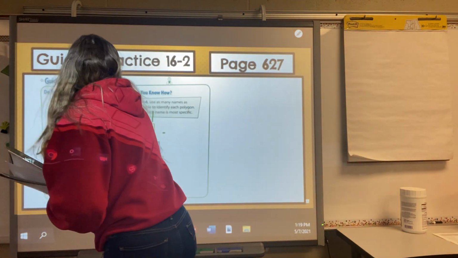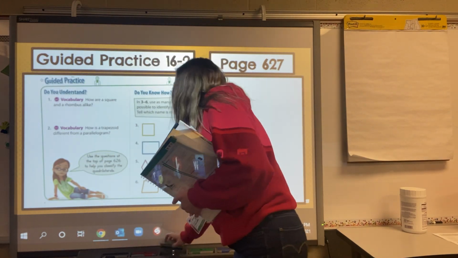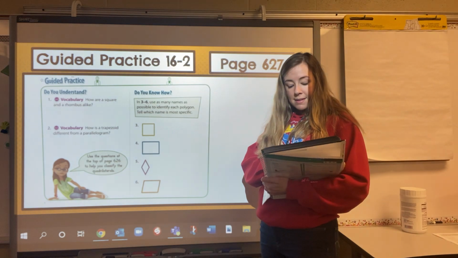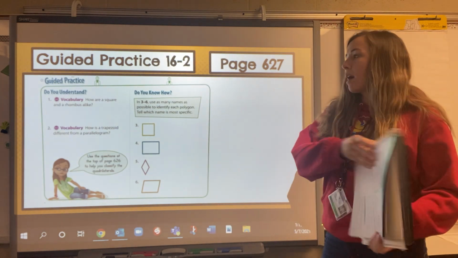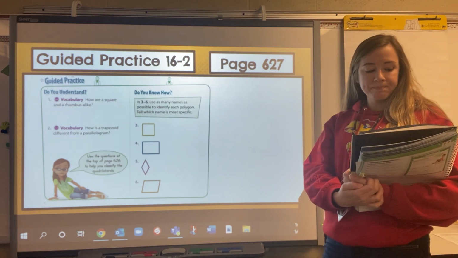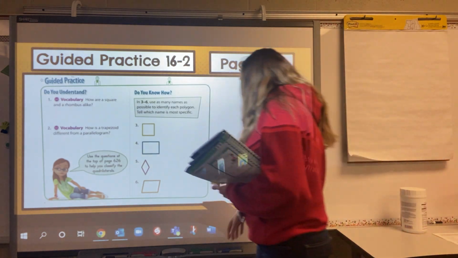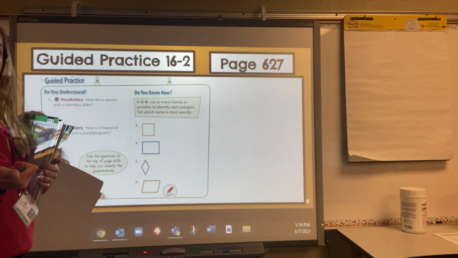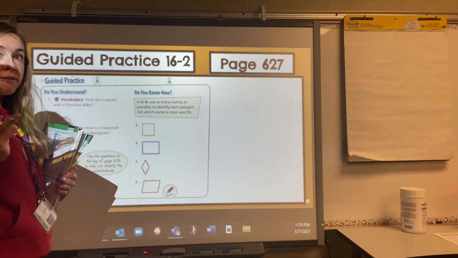Okay, so we are gonna look at how a square and rhombus are alike for number 1. So I want you to use the information on page 626 to see what you can come up with for how they're similar. Okay, well, what we should have noticed is they're both quadrilaterals, but they don't both have 4 right angles.